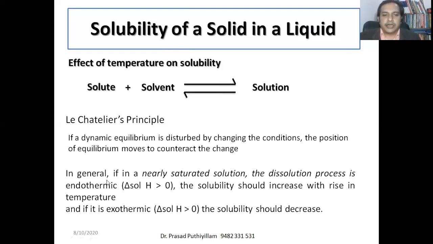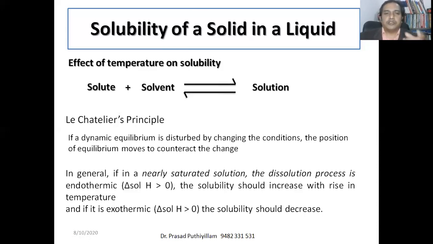Okay, so in general cases, near the saturated case, or if it is in dynamic equilibrium or near to that, the dissolution process is endothermic. If the dissolution process is endothermic, that means if we add solute to solvent, for example salt added to water, and you are holding the vessel, say a beaker containing water, while we add salt, that is sodium chloride, we may feel a cooling effect.